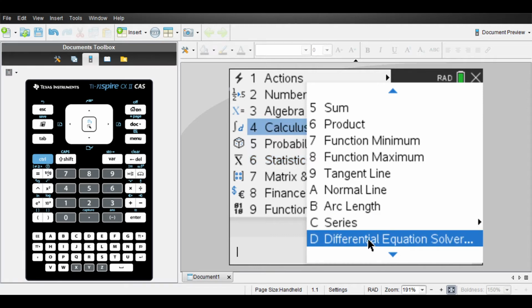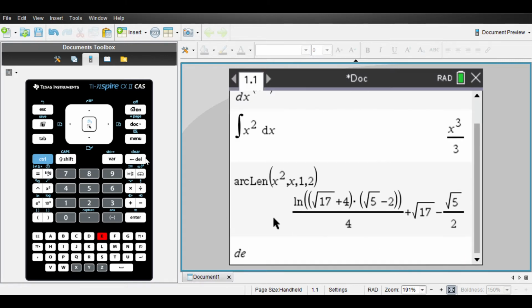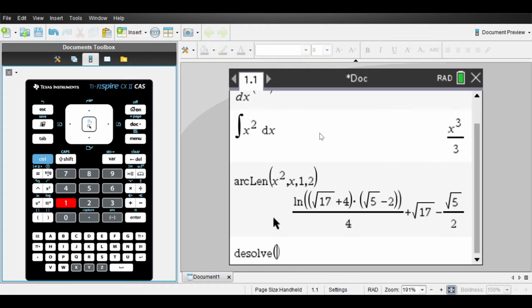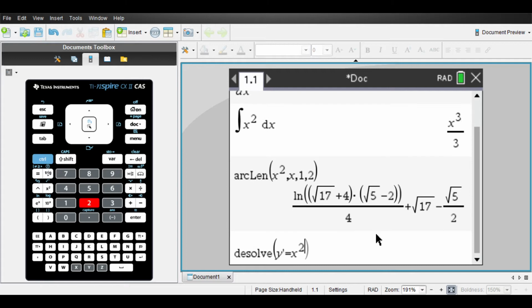So, okay. Next one is differential equation solver. Now you can either use the window here, or you might just type in the command, which is dsolve. And then to use it, you will need to specify the derivative by doing y prime equals the derivative and specify the two variables.